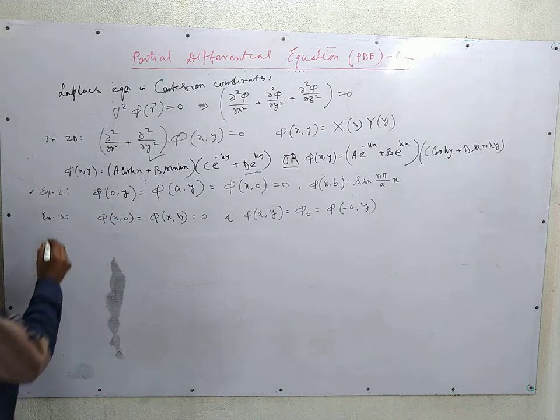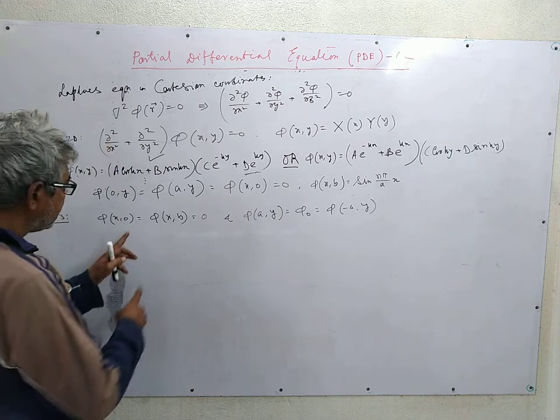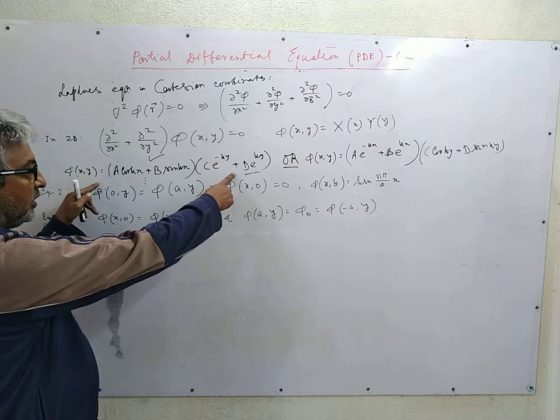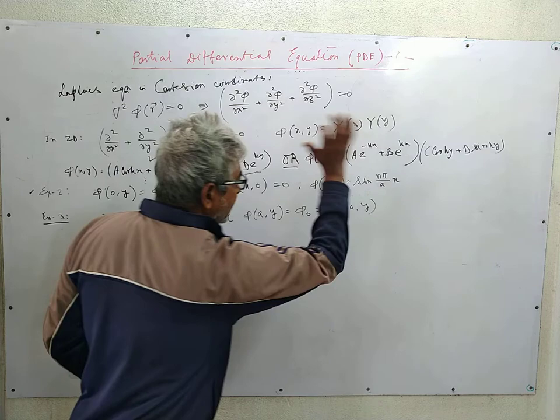Now come to the third example. Here the solution is 0 at y is equal to 0 and y is equal to b. So such a solution does not satisfy this condition. So we are to go to this one.